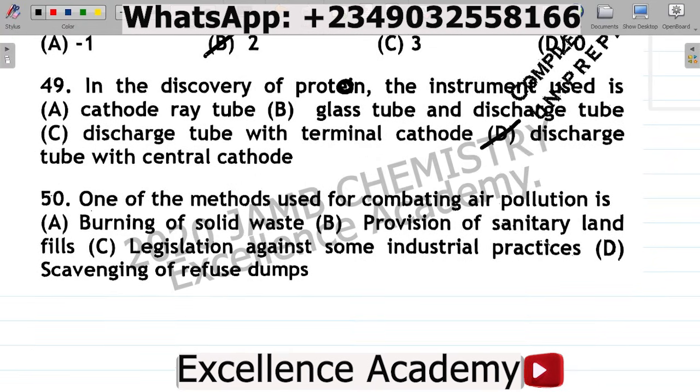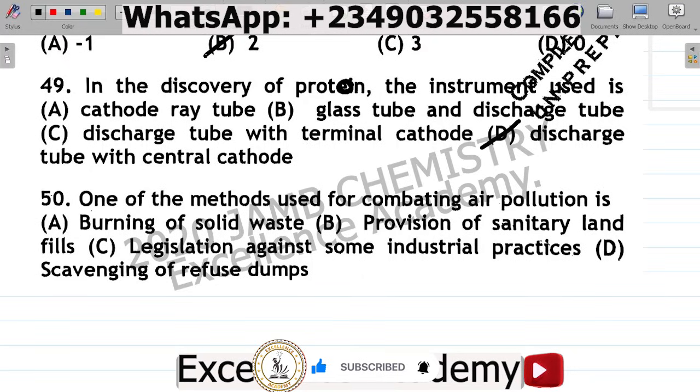Now, finally, question number 50. 50 says, one of the methods used for combating air pollution is A, burning of solid waste, B, provision of sanitary landfills, C, legislation against some industrial practices, D, scavenging the refuse dumps.